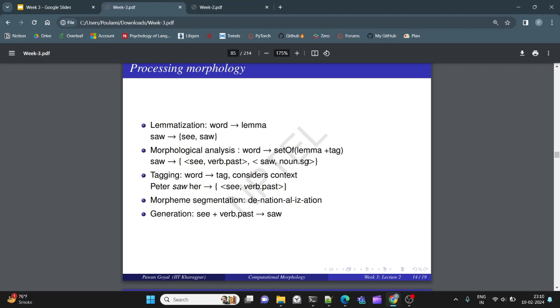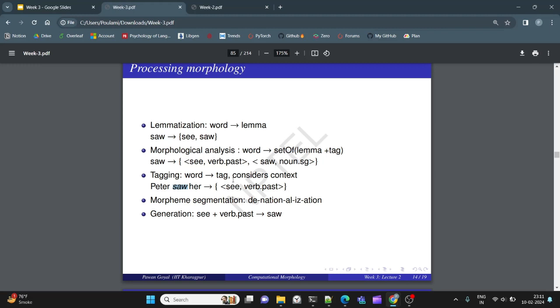What is the next morphological process? It is that of tagging. Let's see this example: Peter saw her. The word that we are concerned about is saw. Here we take into account also the context, and because of that, we now understand that here saw is being used as a verb and not as a noun.